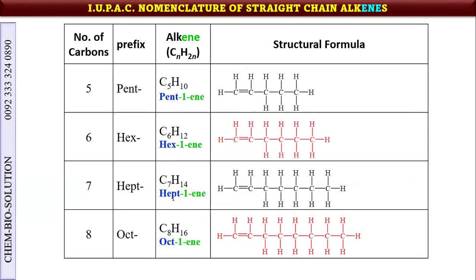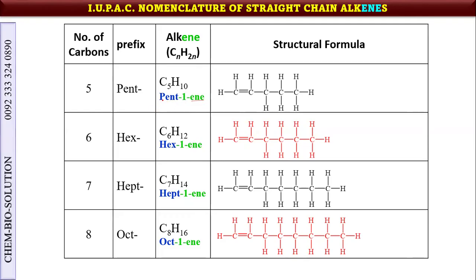pent-1-ene, hex-1-ene, hept-1-ene, oct-1-ene. And according to the 2013 recommendation of I.U.P.A.C, the number must be before the name of the suffix. So that's why we are writing pent-1-ene.